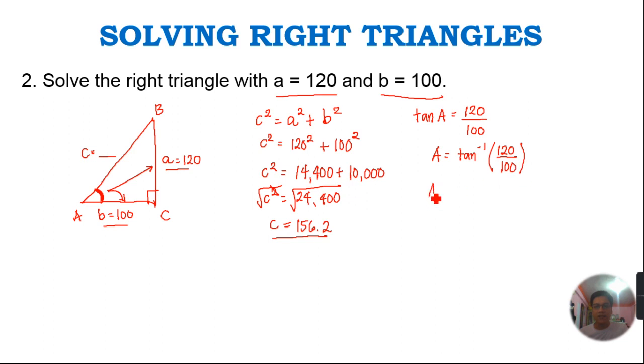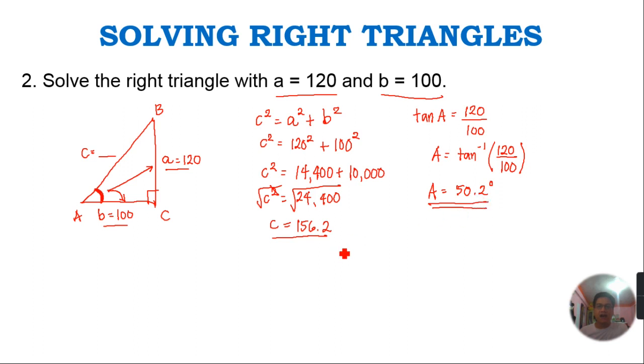So using your calculator, again, you just type inverse tangent, then 120 over 100. So the value of A is 50.2 degrees. Alright, so that is our angle A.